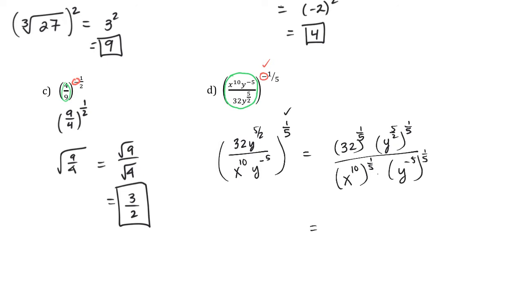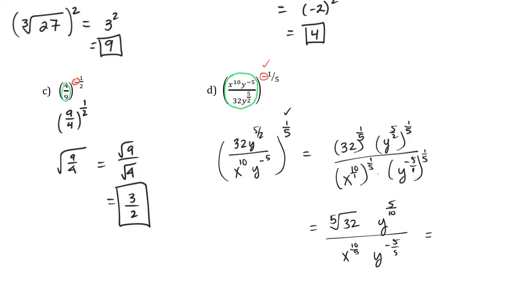Okay, now a number to the 1/5 power, we can do the fifth root of 32, and then with our variables we can just multiply because we have something to a power, so that would just multiply those 5/10. This would be like x over 1, so it would be x to the 10/5, and y, oops, that's a 1 there, y to the negative 5 over 5, and then we can just simplify that.